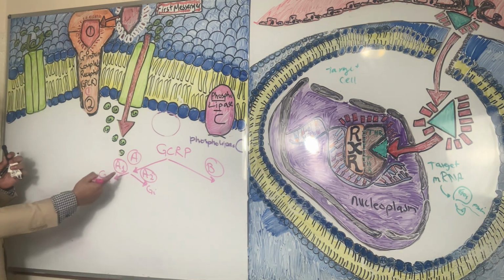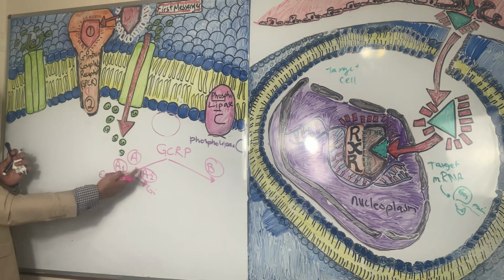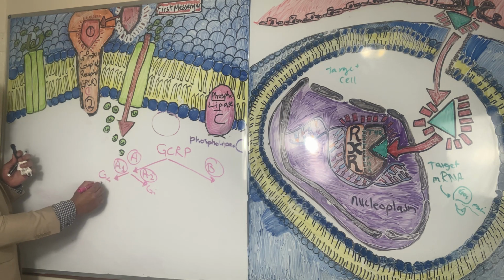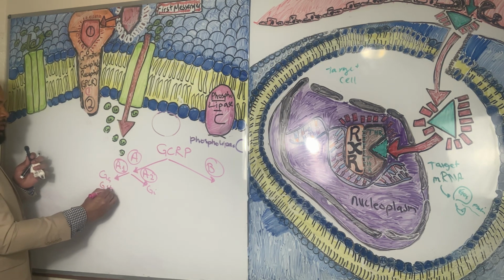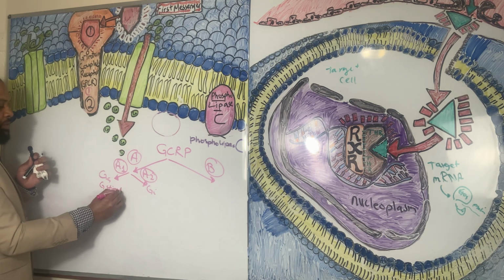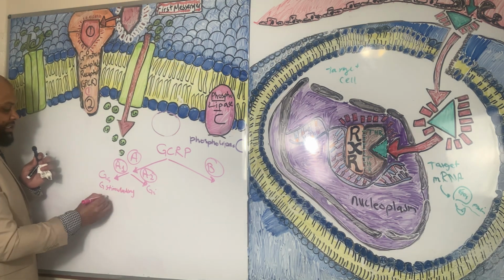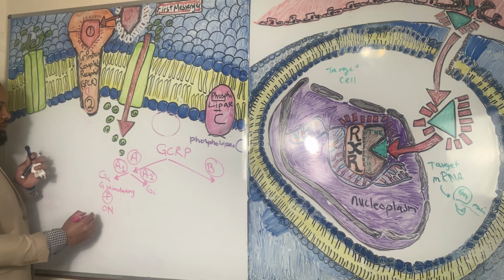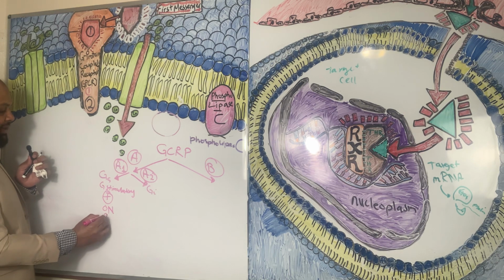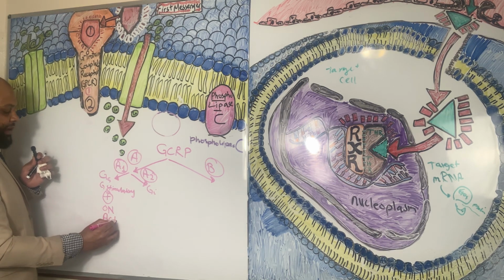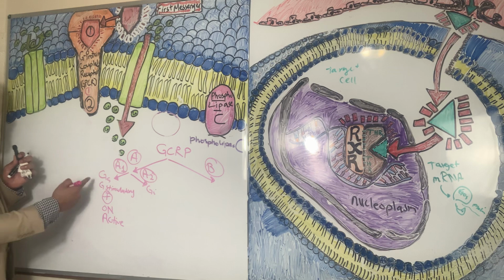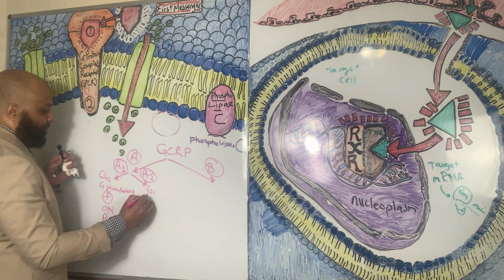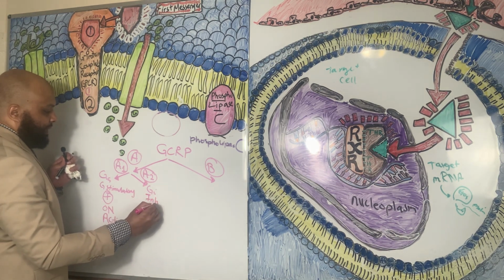So the first system A is subdivided into A1 and A2. A1 is GS, which means G stimulatory, because it has positive effects. It will turn something on because it was off, and it will make the enzyme active after it was inactive. That's G stimulatory. Then GI, or G inhibitory.